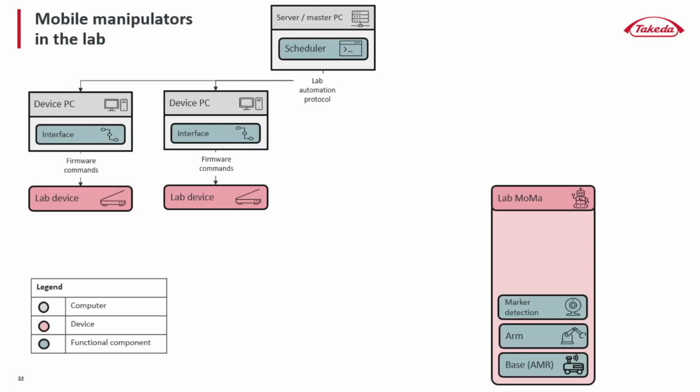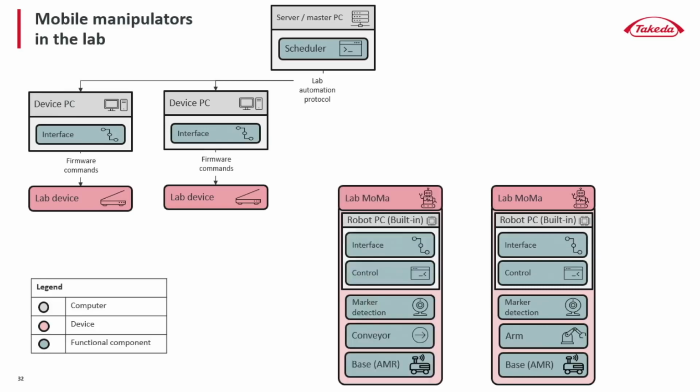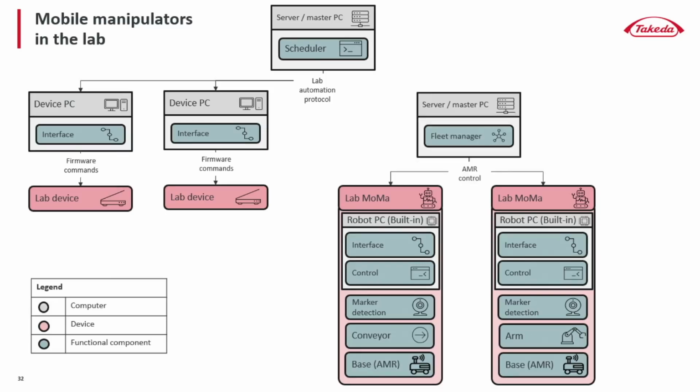And as I mentioned in the beginning, those consist of multiple different components by themselves. They also have a built-in control unit implementing the interface and the control of the hardware. And you may have a bunch of these robots making up a fleet. So you need to control the fleet itself.